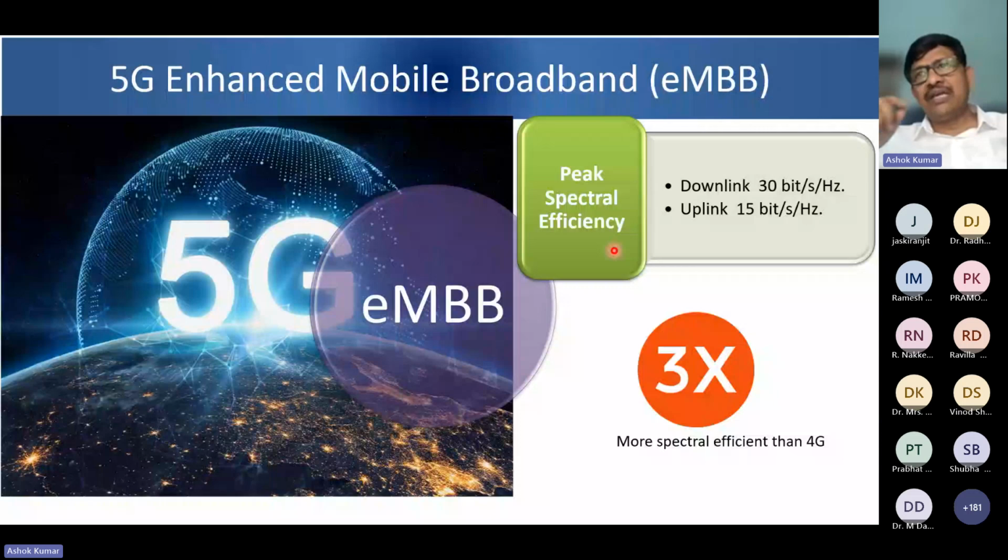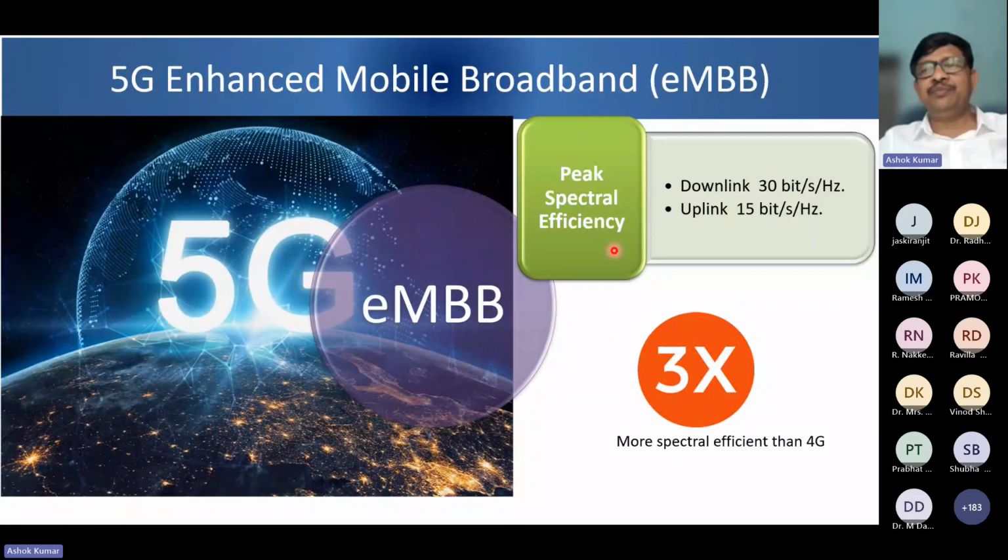Okay, another question which I want to ask: in case an operator wants to achieve 20 Gbps of peak data rate, how much spectrum would they need? That you can calculate by dividing 20 Gbps by 30 bit per second per hertz. That will give you the spectrum needed to achieve 20 Gbps theoretically. So how much does it come to?